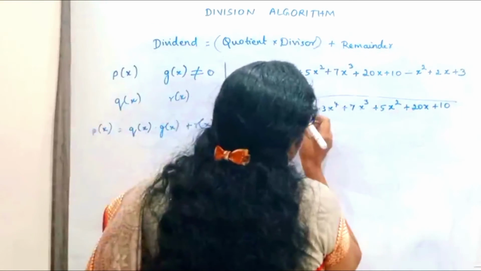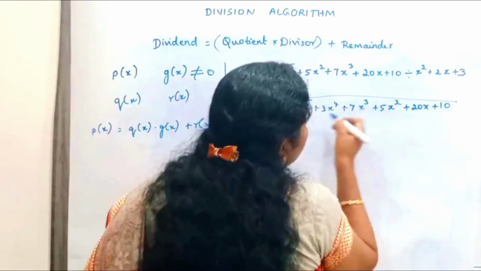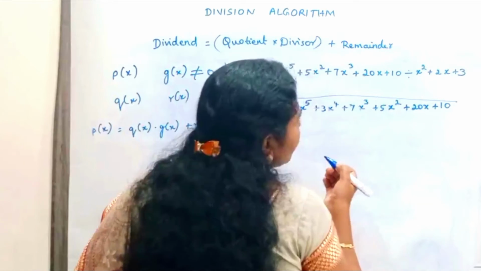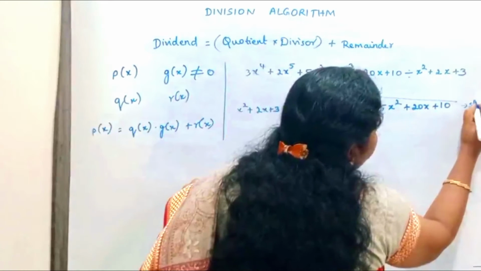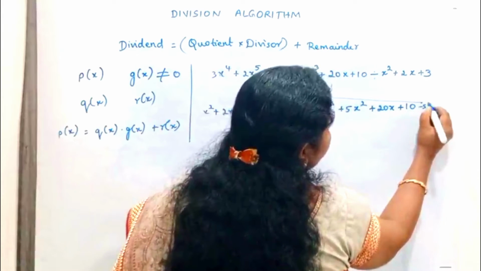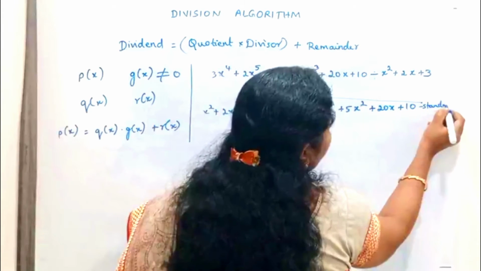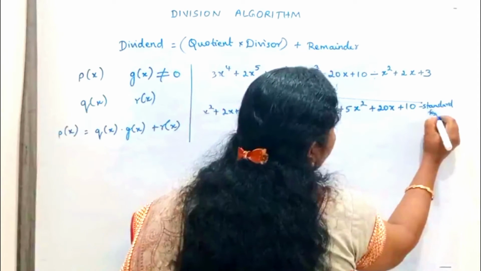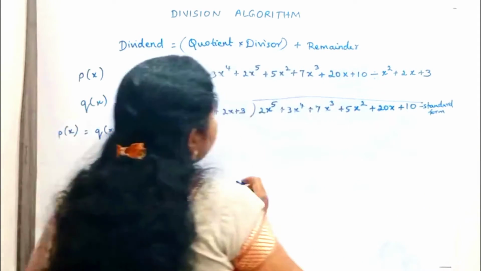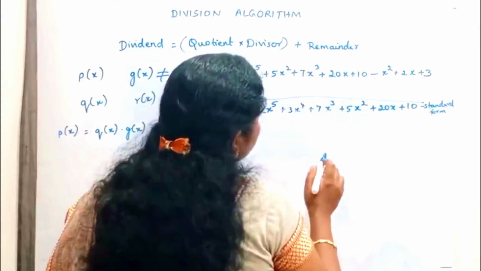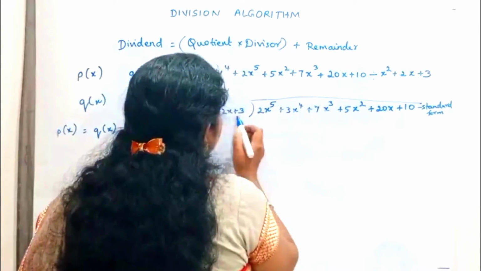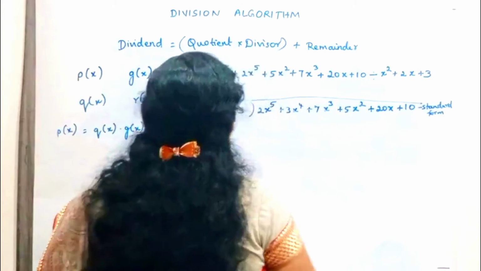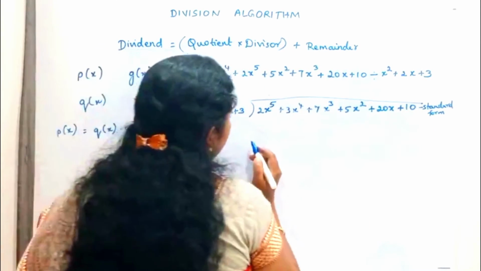Now one more thing, writing the terms in the decreasing order of powers of the variable, that form is called the standard form. So the first step in this division is we have to write the dividend as well as the divisor in the standard form. Now the next we can start our division.